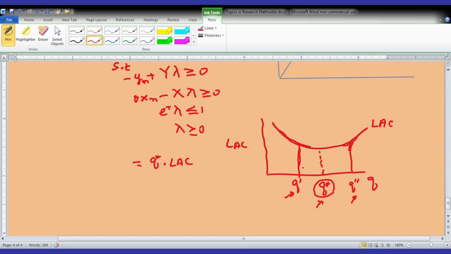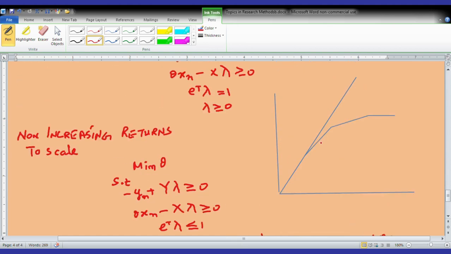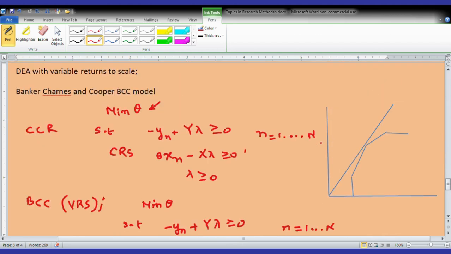See that we have written down this CCR system, and if we assume that there is only one output and one input, then the total product curve will be linear in the CCR model.